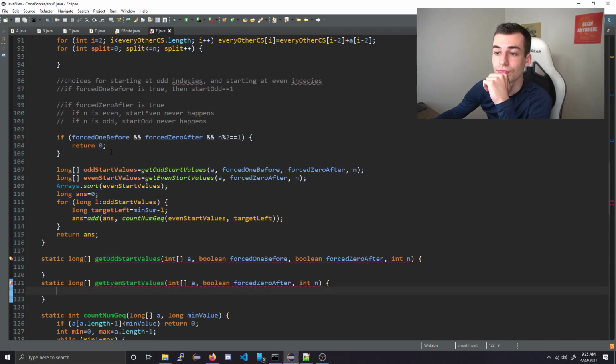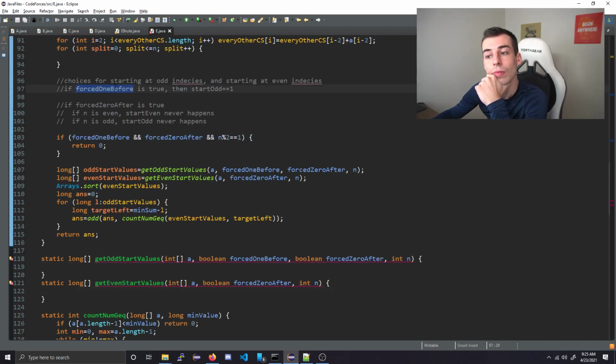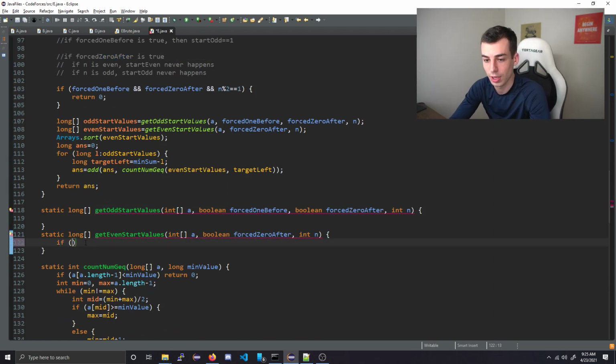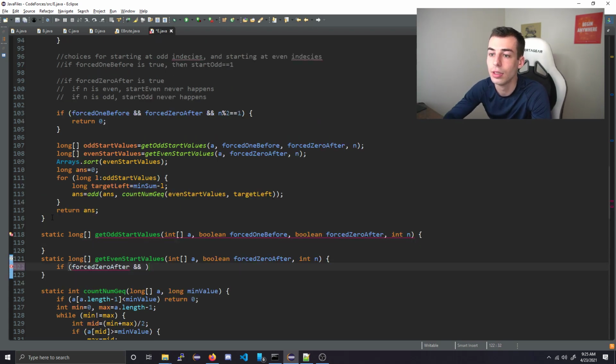So they're forced 0 after, and n is even. N mod 2.